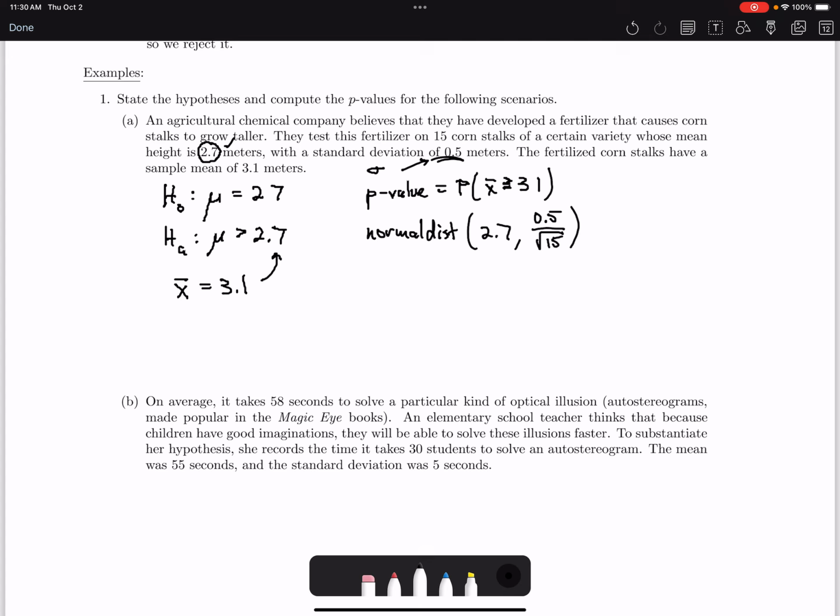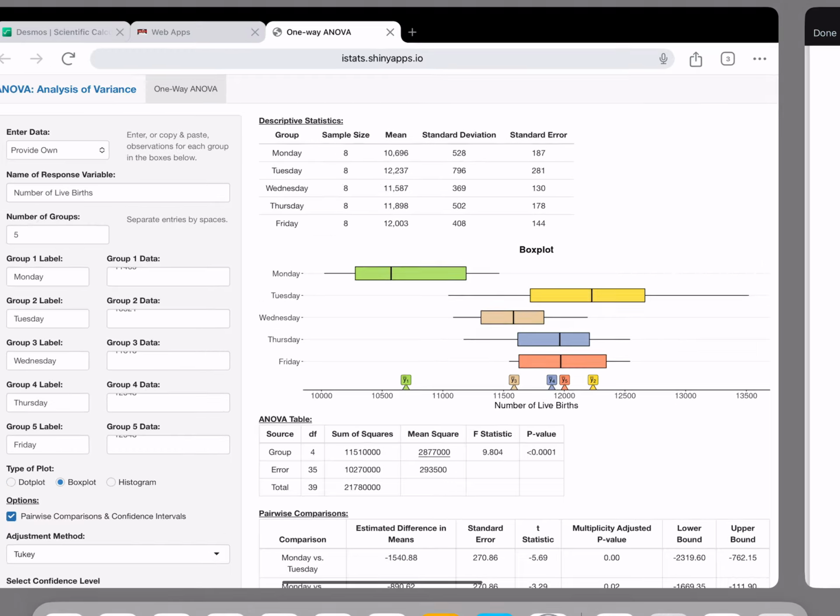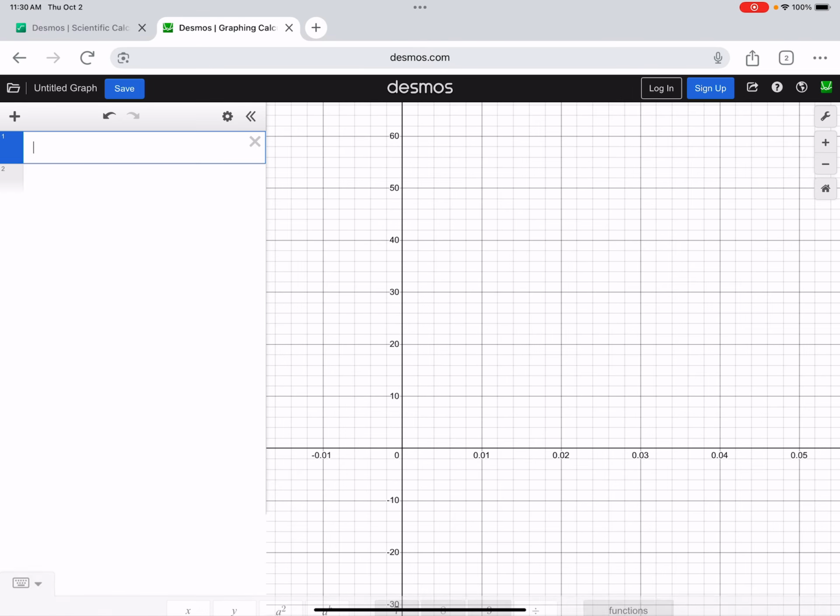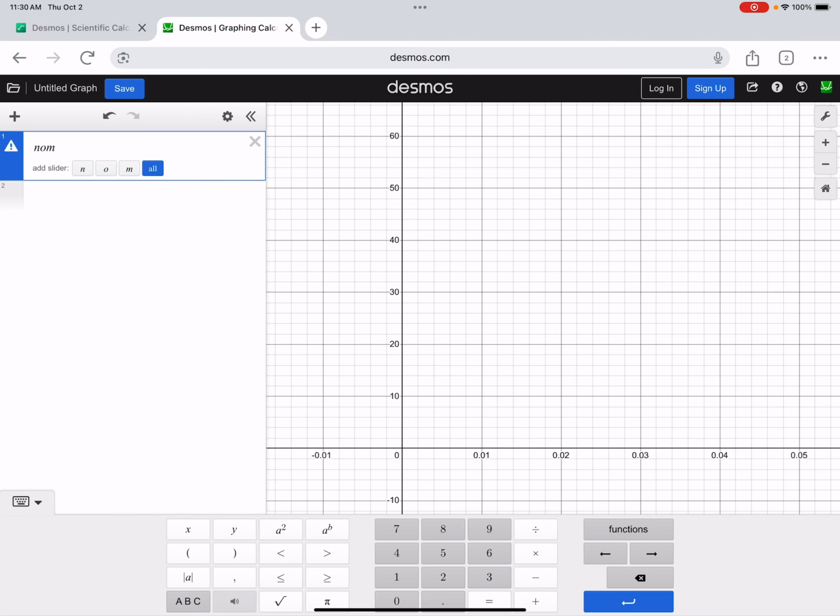And then we're going to compute the probability that X bar is greater than or equal to 3.1. So let's see what we get in Desmos. I'm going to use the normal dist with a mean of 2.7 and a standard deviation of 0.5 over square root of 15.